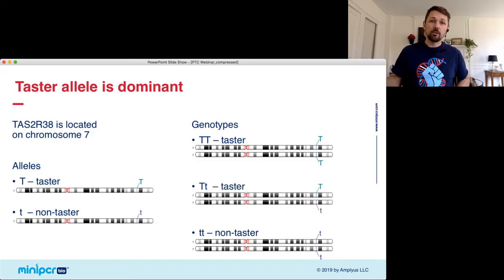And then the third option is you could get one chromosome with a big T and one chromosome with a little t, and you would then be a heterozygous taster. So we call this dominant because both the homozygous dominant taster and the heterozygote are both able to taste the PTC chemical, and the little t, the non-taster down here, is not able to taste it.